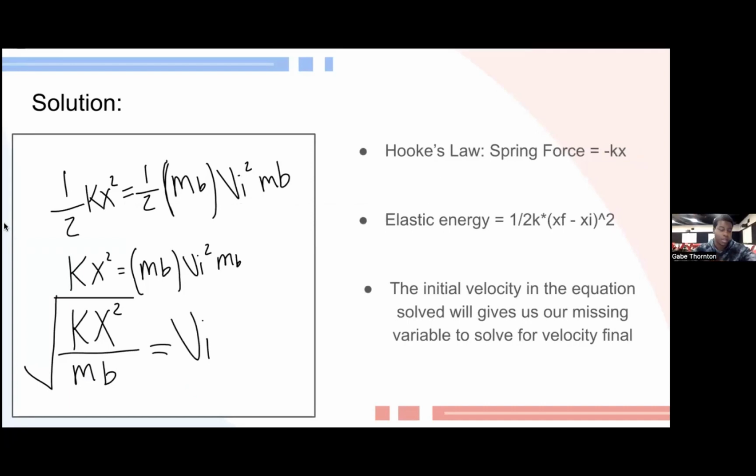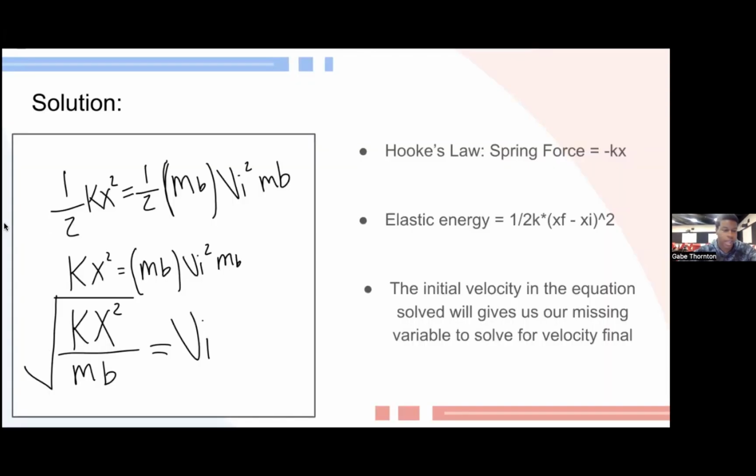Awesome. Thank you, Kainoa. Starting off, as you mentioned earlier, we have two ways of going forward, either energy or momentum, and we will be starting with kinetic energy and elastic energy in our formulas. So we have 1/2 kx squared equals 1/2 mb vi squared. You can assume at this point that the masses are combined; this is one mass.